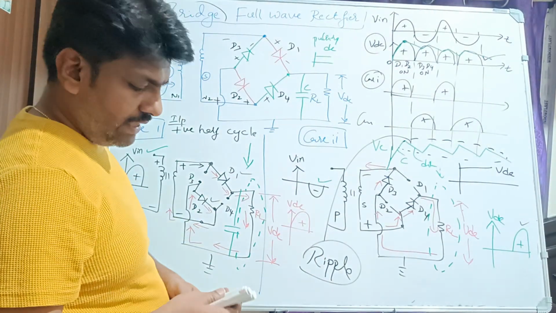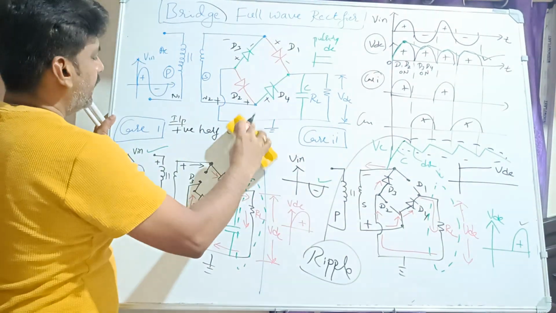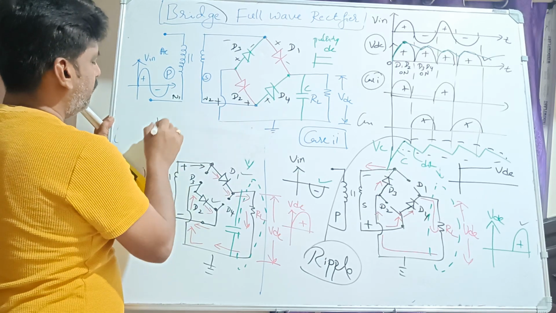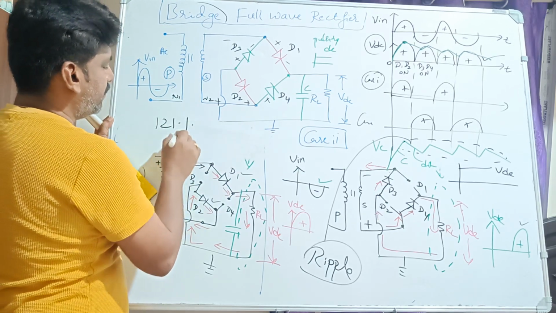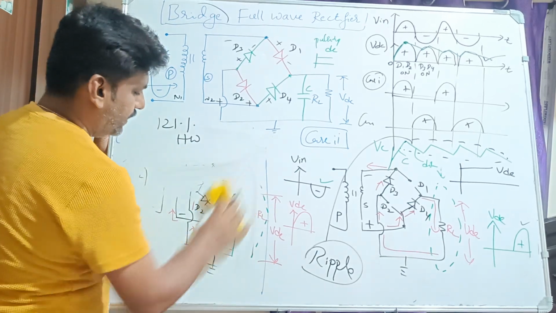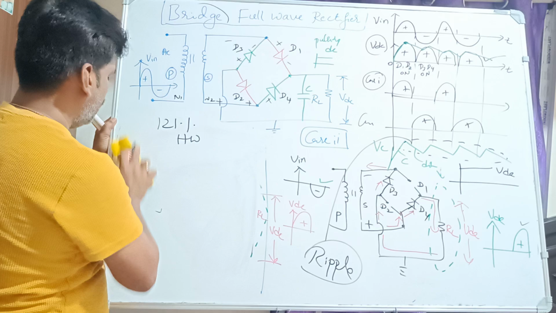So we should measure these ripples. In case of half wave rectifier, I have taken these ripples. The ripple factor is measured as 121% in case of half wave rectifier. So this ripple factor and efficiency we have spoken about with respect to half wave rectifier.